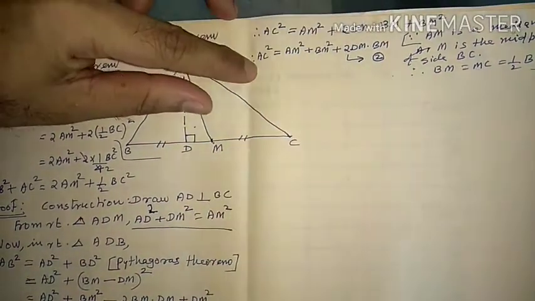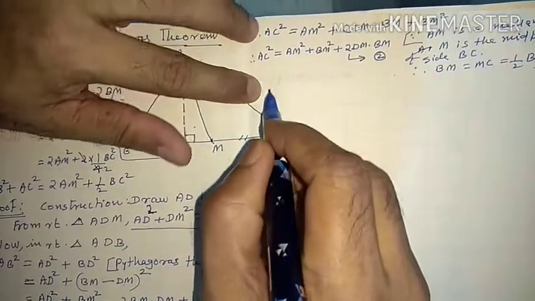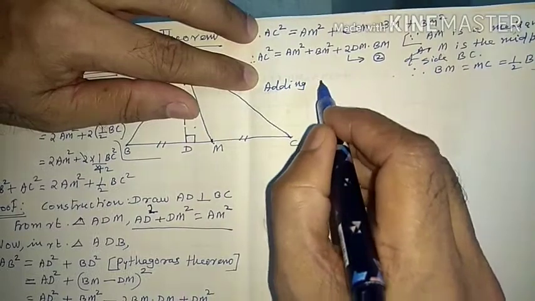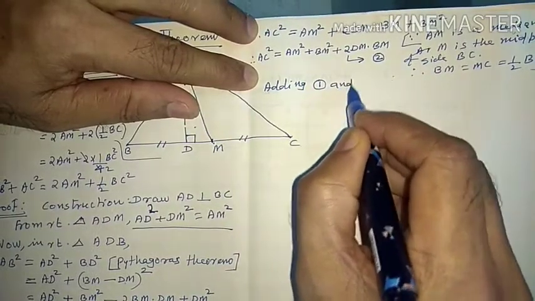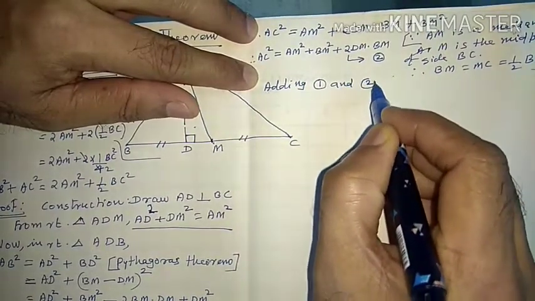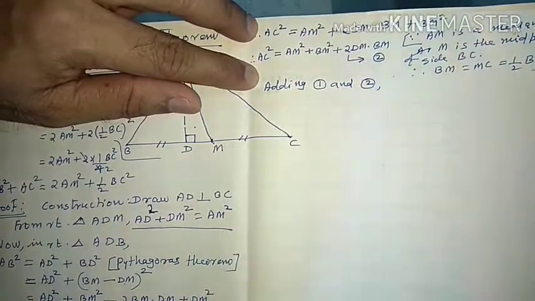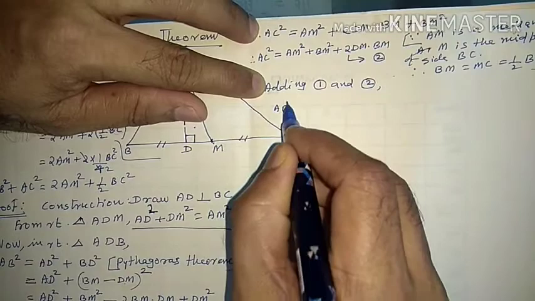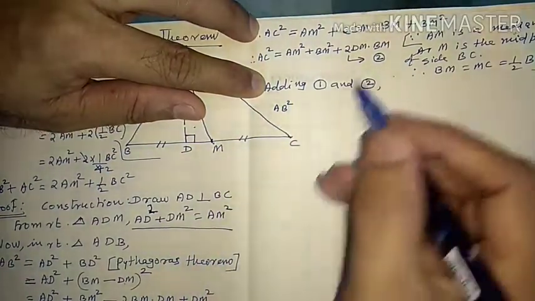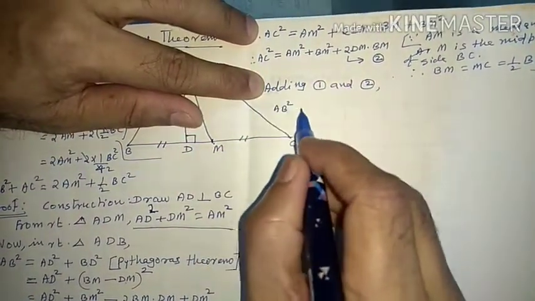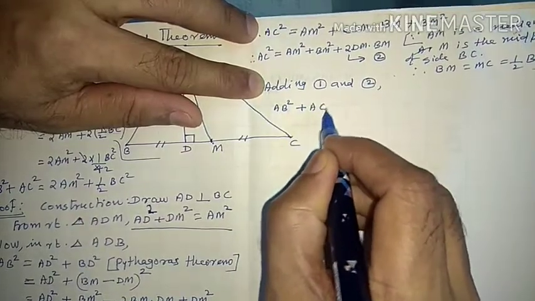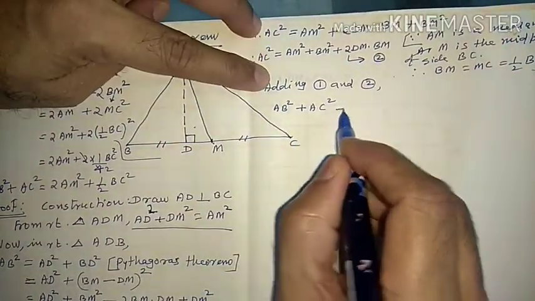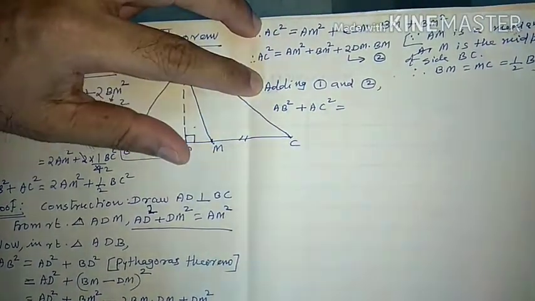Now we add equation 1 and 2. Adding equation 1 and equation 2, what we get? First one's left hand side AB square. Second one's left hand side AC square, but we are adding. That means AB square plus AC square, left hand side we made. Right hand side is what here?